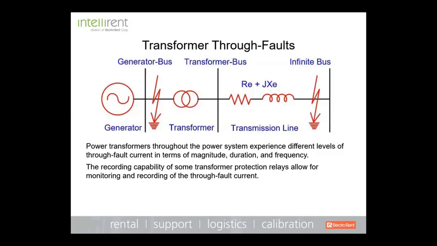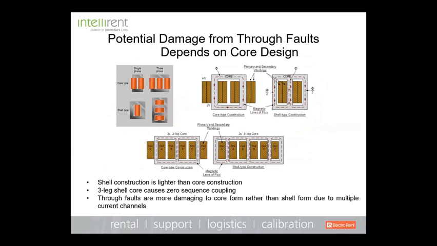And through faults don't necessarily damage the transformer instantaneously or right away. It could be a series of through faults that over time will lead to excessive mechanical failure. Now, one of the things that's important to understand is that a lot of the potential damage to the transformer has to do with how that core is designed.